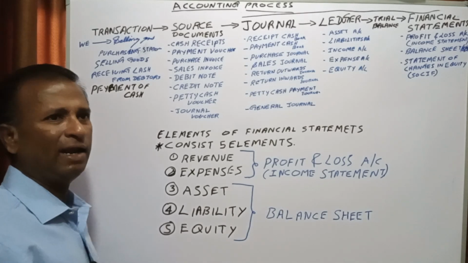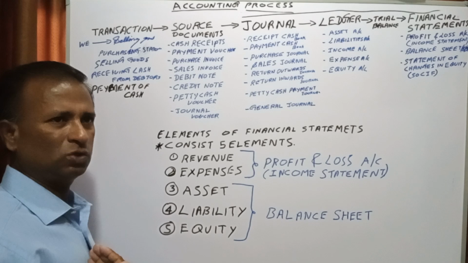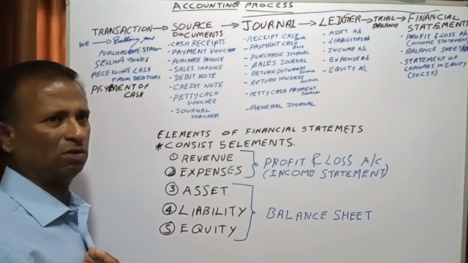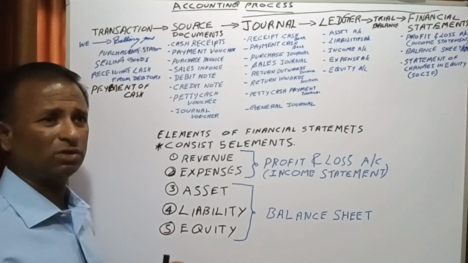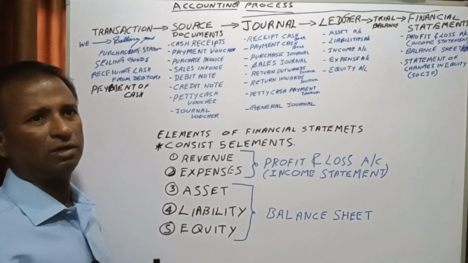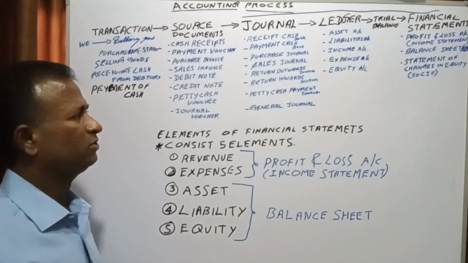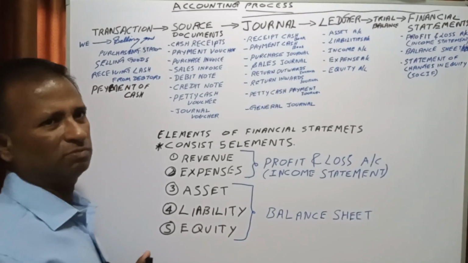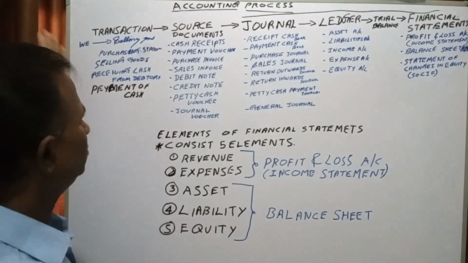So he has an option to return the goods back to us, because the quality is not good, or the goods do not fit the requirements, based on some reasons. That also comes under transactions. So all those are transactions.